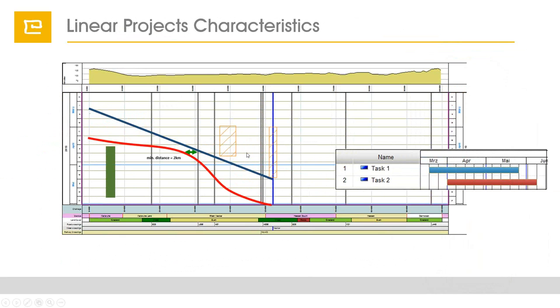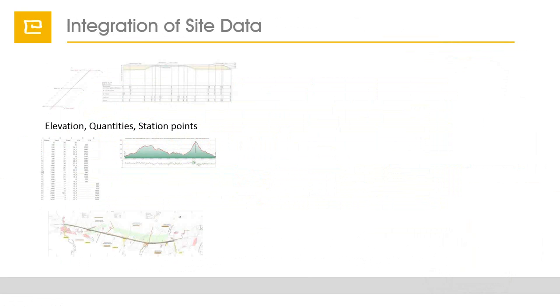Another strength is that we use side data in the form of profiles, elevation profiles, quantity profiles, and so on. And we can compile this into the schedule without using complex 3D CAD models like those used in BIM.